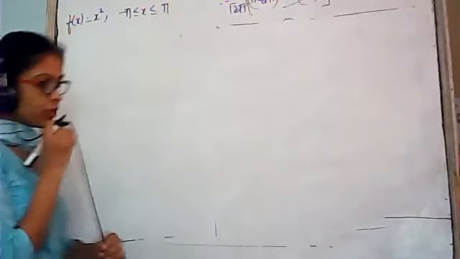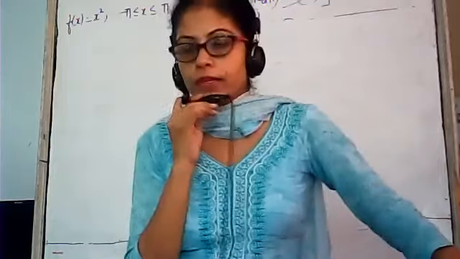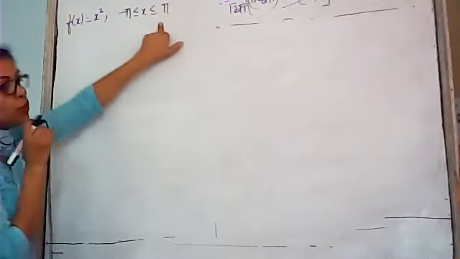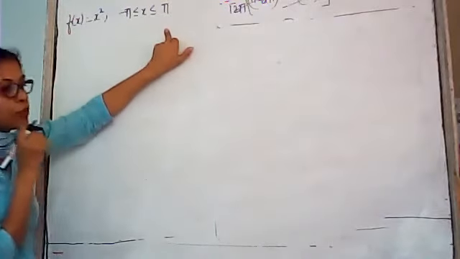Is there any difference between this question and the last question we have just done? The limits, the interval. That was 0 to 2 pi, and this is minus pi to pi. Very good. In the last question the limits were from 0 to 2 pi. In this question limits are from minus pi to pi.